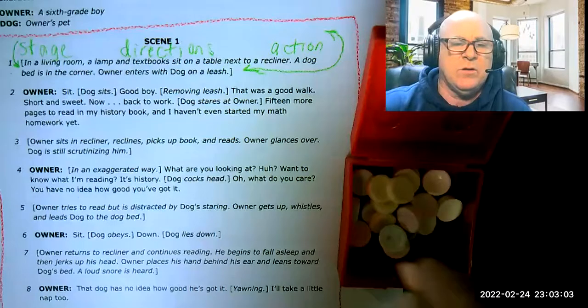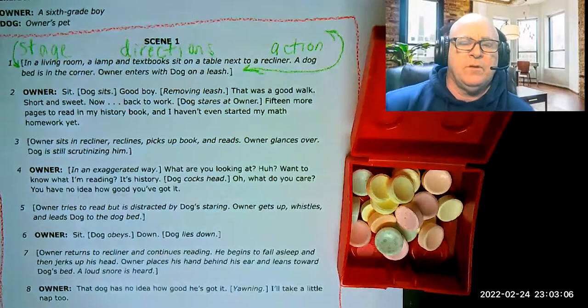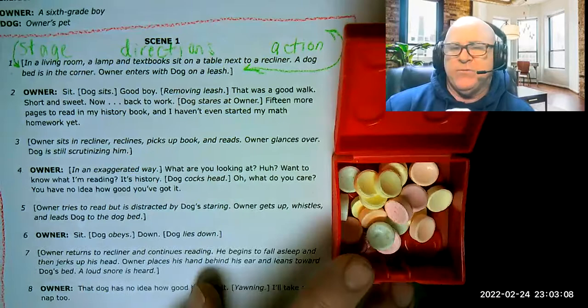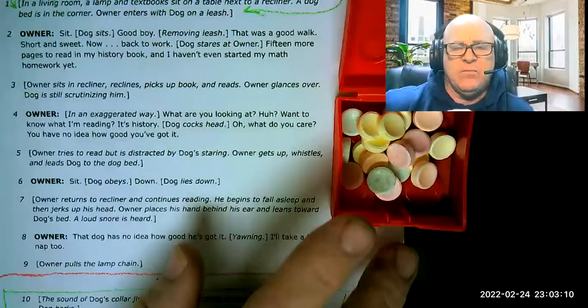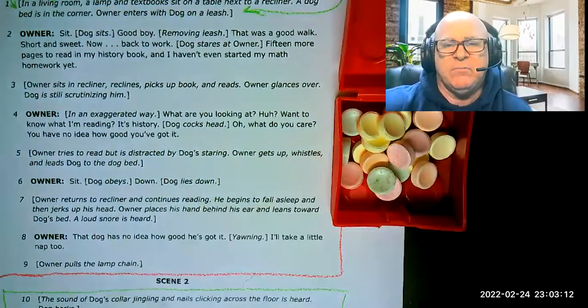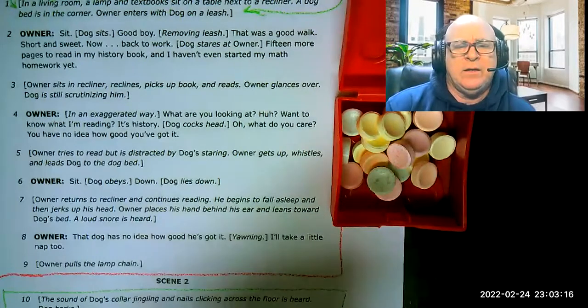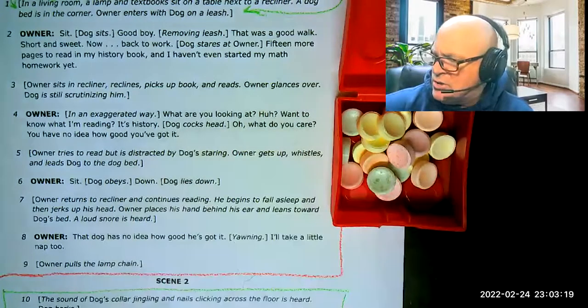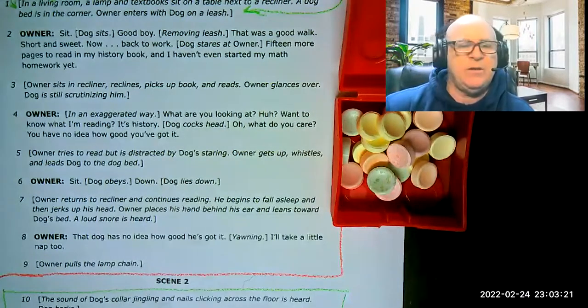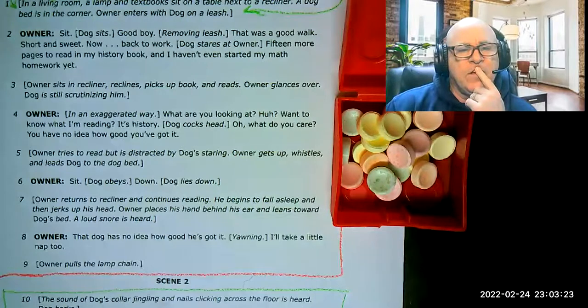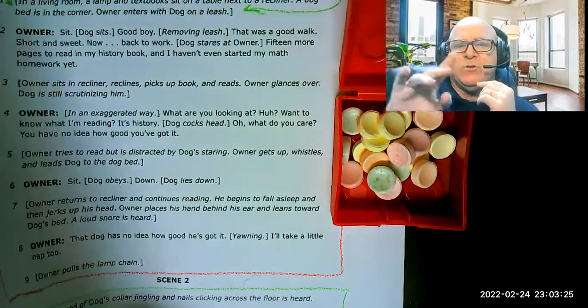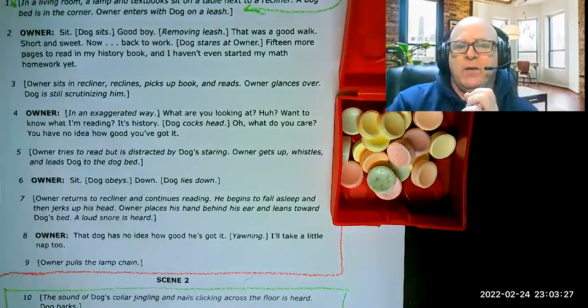Line 6. Sit. Don't forget, the reason I have the red box is because my red box is all of scene 1 that they asked me about in question number 13. Okay. Stage direction: dog obeys.